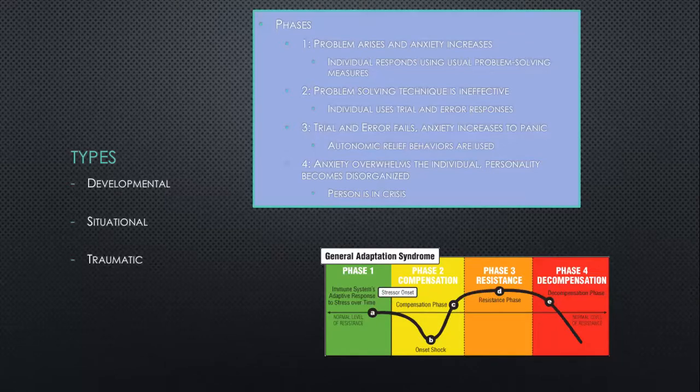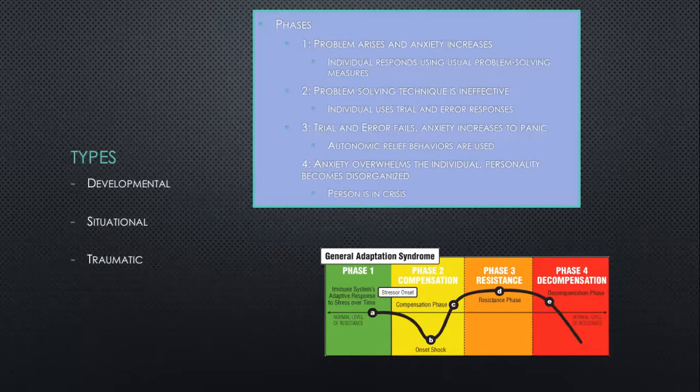The experience of a crisis does occur in phases. So the first phase is when the problem occurs. Anxiety increases, and the individual tries to use coping skills to effectively respond to that crisis. Once the coping skills are ineffective, the patient enters phase two when they start to do trial and error coping skills. So their original coping skills haven't mattered, so they're just trying whatever they can to try and reduce the experience of the crisis.